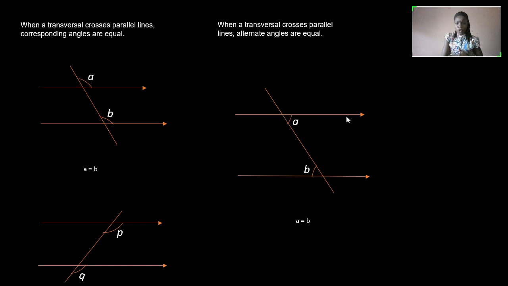There is Z. So once you're able to form Z, angle A is equal to angle B. Reason, they are alternating. Likewise here, if there is any angle here, let's say angle C here and angle D here, if you watch, there is a zigzag here, right? So that also makes them equal, alternating. Alternate angles are equal.